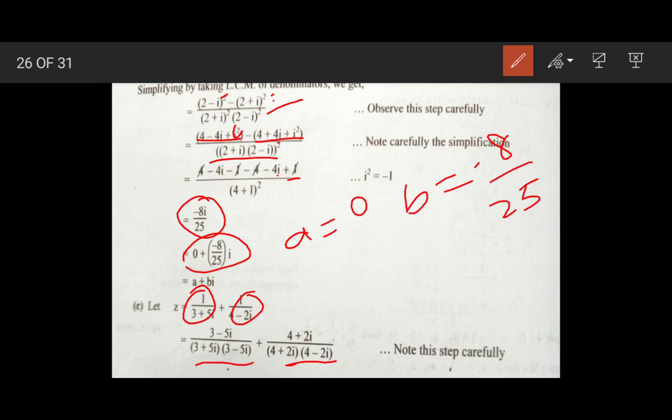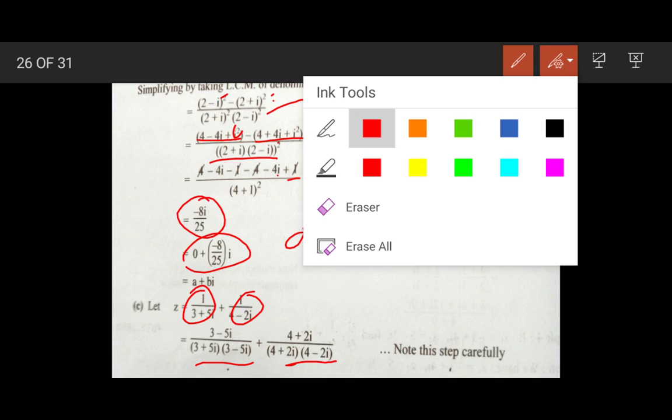4 plus 2i. So after multiplication we get 3 minus 5i upon 9 plus 25 plus 4 plus 2i upon 16 plus 4. Okay. So that will be 3 minus 5i upon 9 plus 25. 9 plus 25 is 34. Okay.